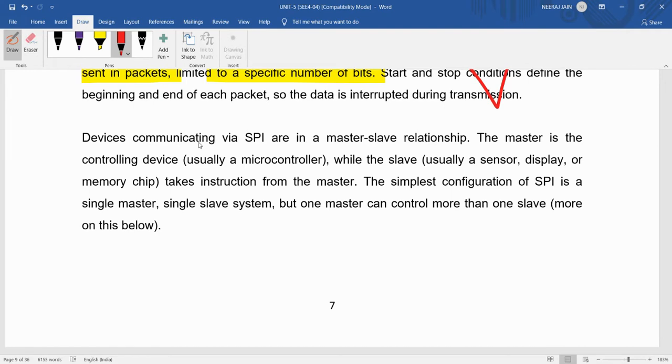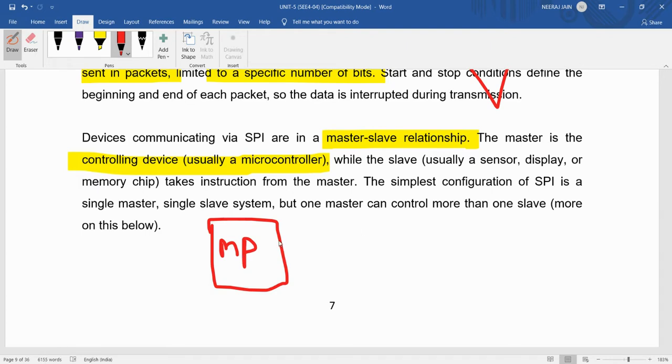So devices communicating via SPI are in a master slave relationship. जो डिवाइस होते हैं वो मास्टर स्लेव रिलेशनशिप में होते हैं. मास्टर इज द कंट्रोलिंग डिवाइस. डेफिनेटली यूजुअली जो हमारा माइक्रोकंट्रोलर होगा वो मास्टर डिवाइस होगा और वो हमारा मेन कंट्रोलिंग डिवाइस भी होगा.